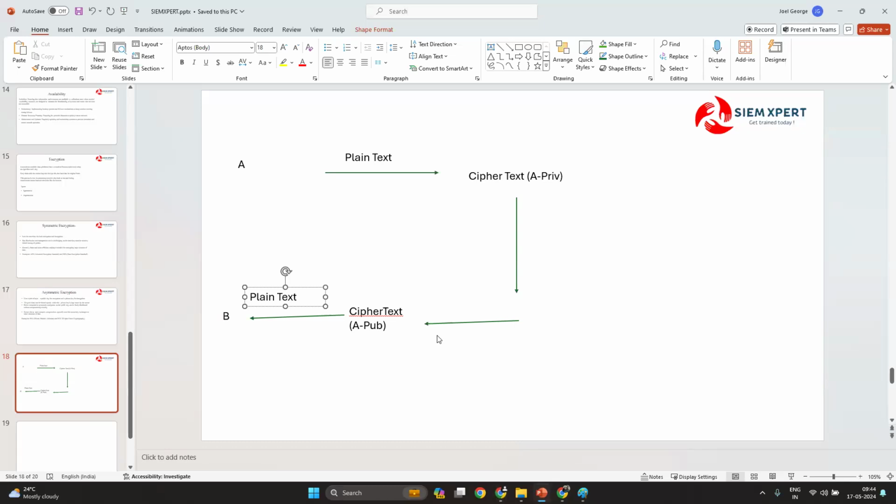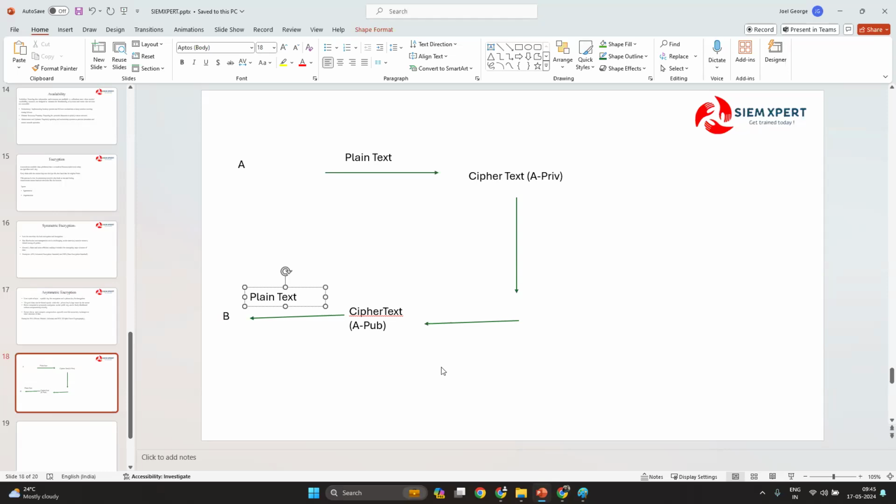What actually happens is when A wants to send some data to B, A requires B's public key. So A requests from B, please send your public key. B shares his public key with A. Then A encrypts the data with B's public key and sends the data to B. Now B decrypts the data with B's own private key.